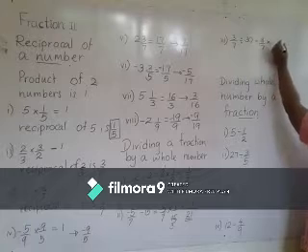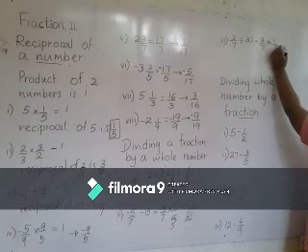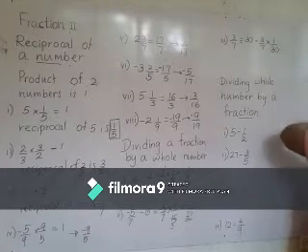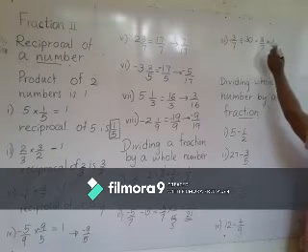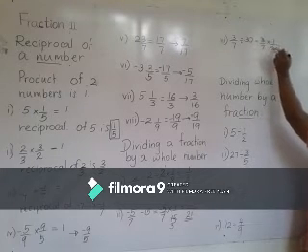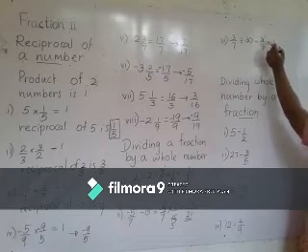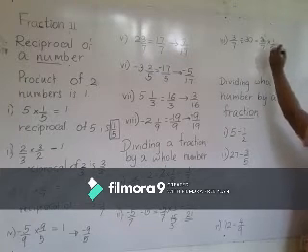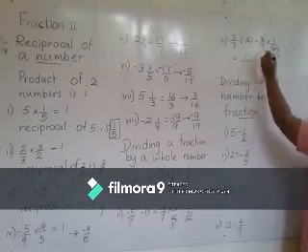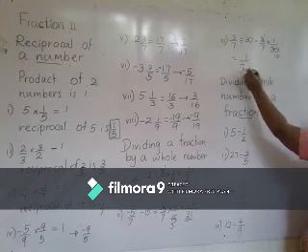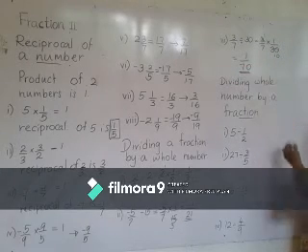Division becomes multiplication. The reciprocal of 30 becomes 1/30. Then we can cancel 3 times 1, 3 times 10. Upper, when we multiply the numerator, 1 times 1 is 1. 7 times 10 is 70. 1/70.